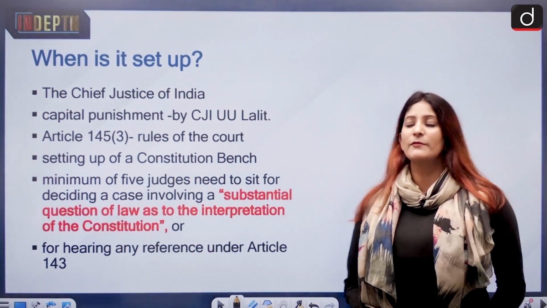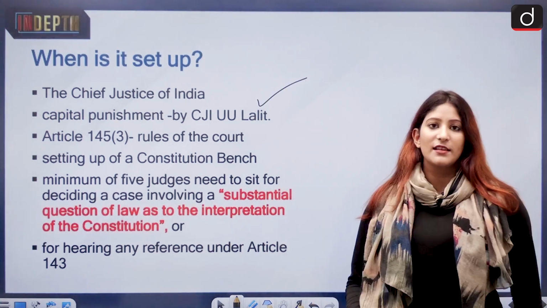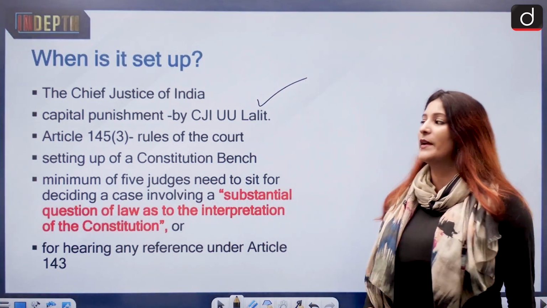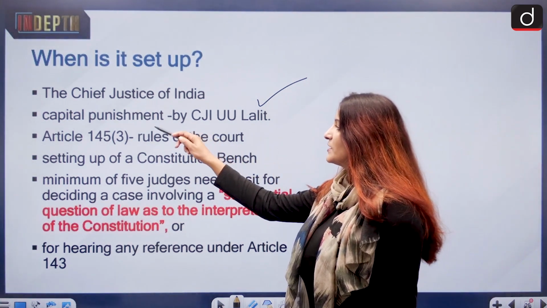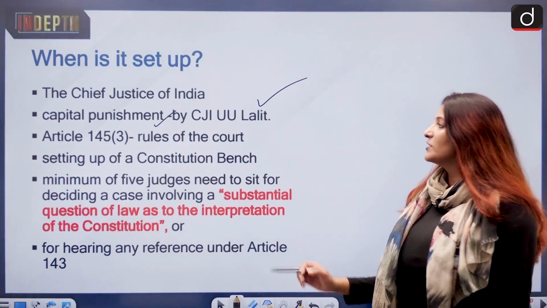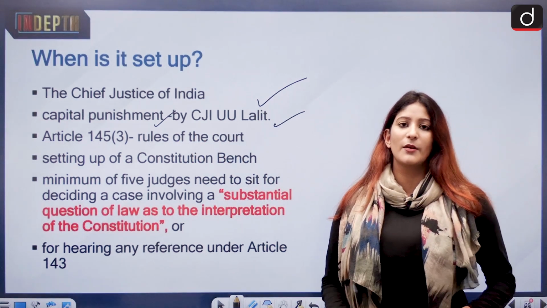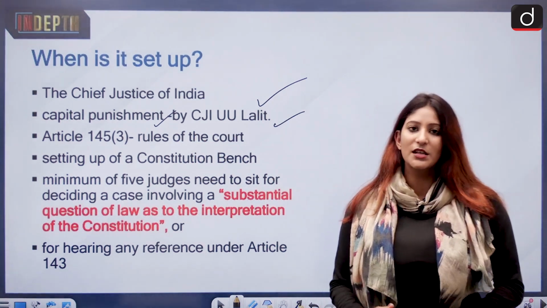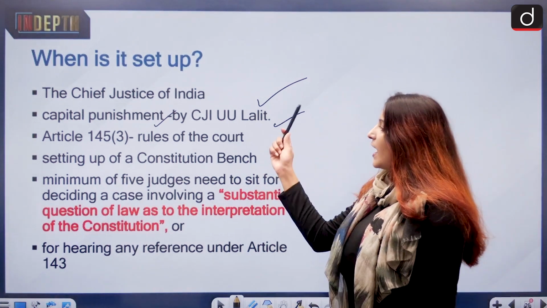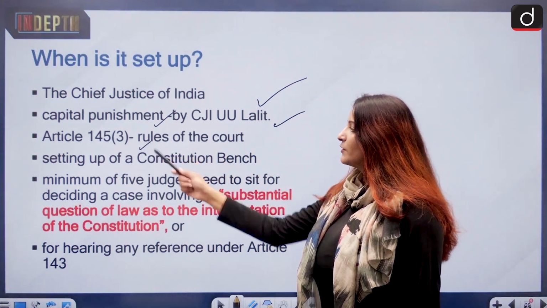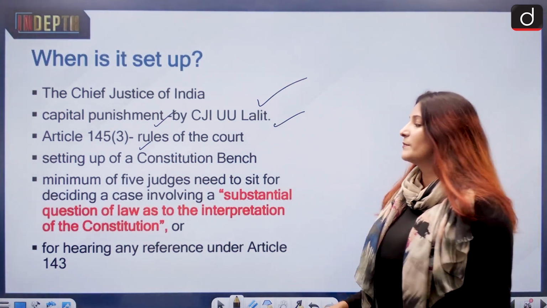And when is it set up? First of all, we have to understand that the Chief Justice of India is the one who sets up the constitution benches. And if we talk about the capital punishment procedure, Chief Justice of India U.U. Lalit said that whenever the Supreme Court is hearing a case with respect to capital punishment, a constitution bench must be set up. According to Article 145 Clause 3 of the Constitution, there is a mandate to set this up.